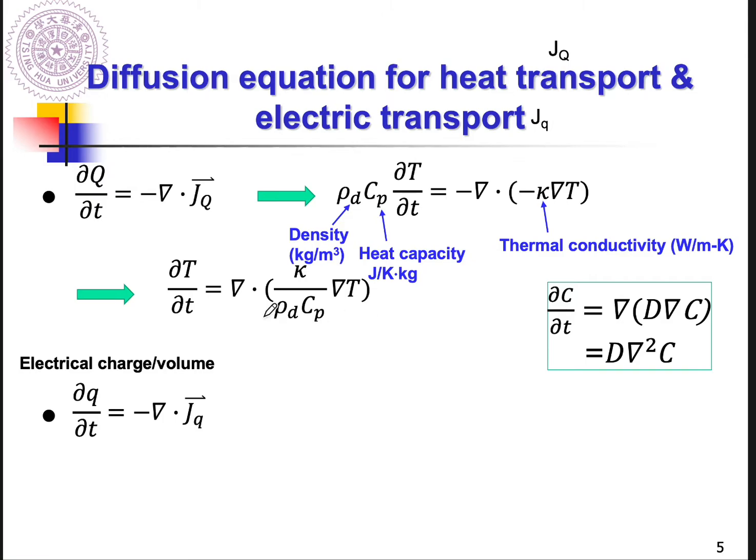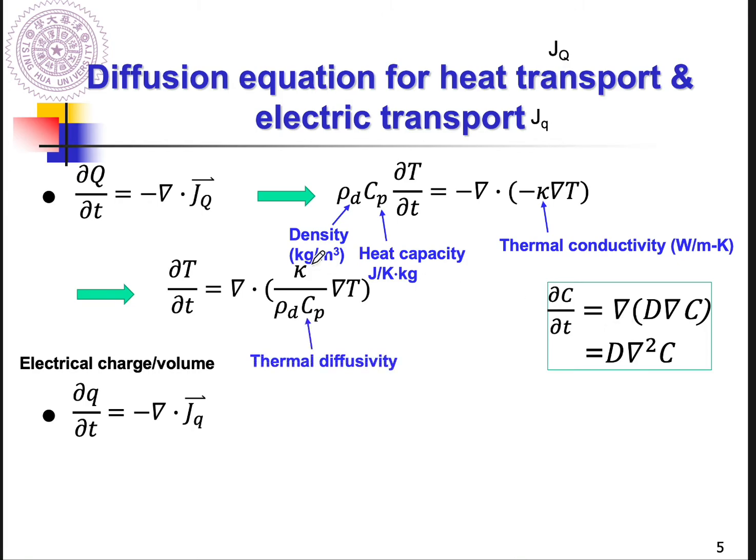What you have here is partial T, and temperature is easy to measure, right? And the temperature gradient, where kappa is the thermal conductivity, and density and heat capacity, and you take a gradient on this term. This is quite similar to diffusion, mass transport in materials.